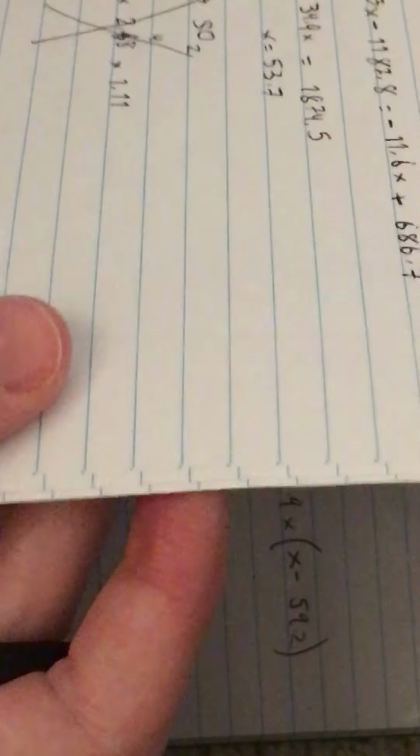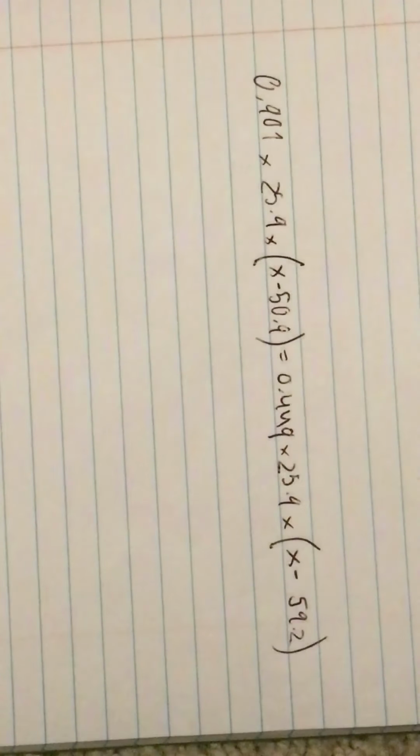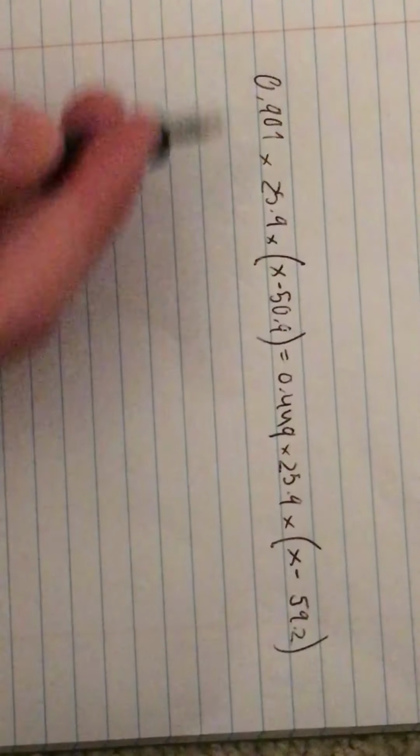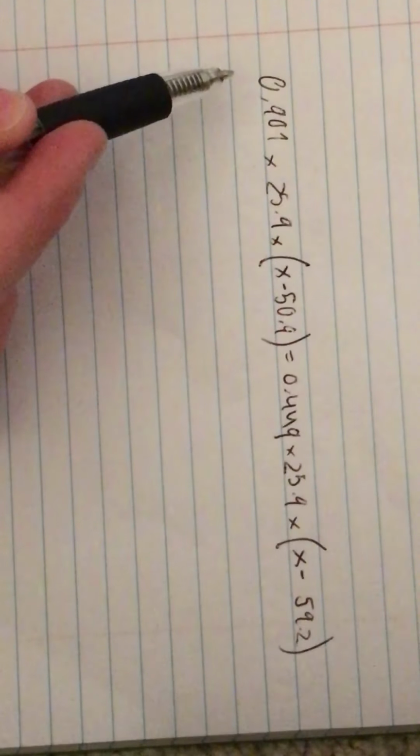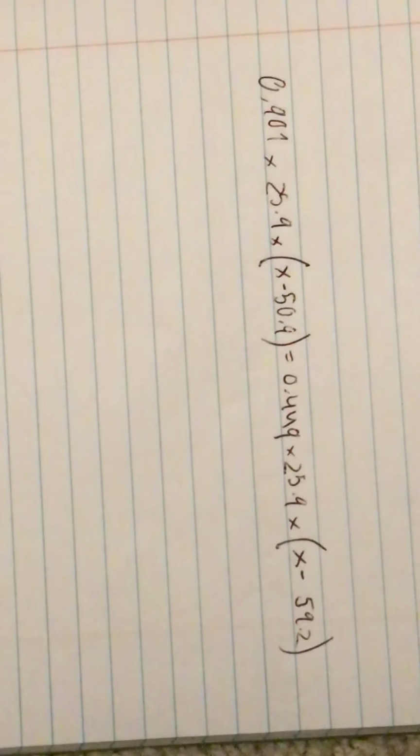I'm just double checking if this is what I had the first time I took this problem. Yep, all right, sweet. Now all you have to do is multiply everything together just like you would for a normal math problem. So I'm going to do these two first, 0.901 times 25.9.